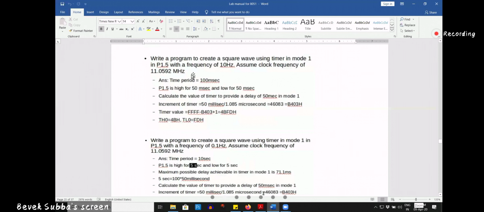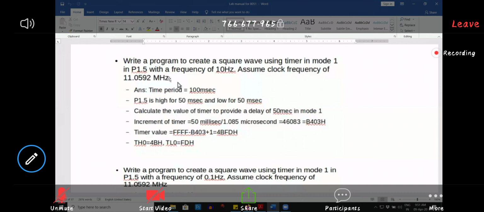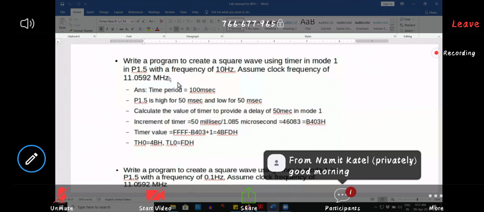Okay, write a program to create a square wave using timer in mode 1 in port 1.5 with a frequency of 10 hertz. Assume clock frequency of 11.0592.